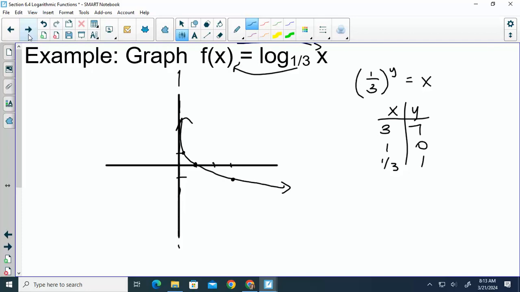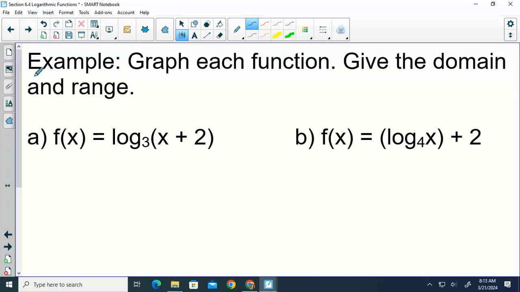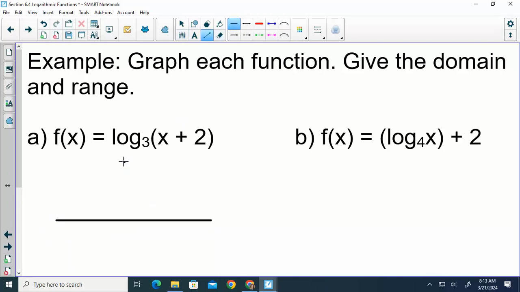Let's do some transformations with these. So just like we did with exponentials, if I asked you to graph a transformation, I expect a parent function. Your parent function is your basic exponential, or basic log, I guess. It will change to an exponential in order to graph. So if I'm looking at this first one, f of x equals log base 3 of x plus 2. So what log would I use for my parent function?